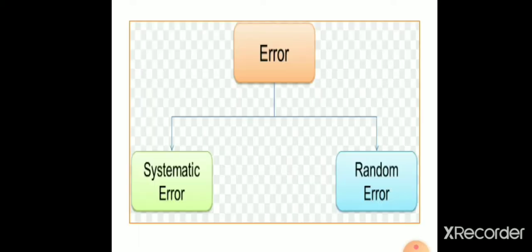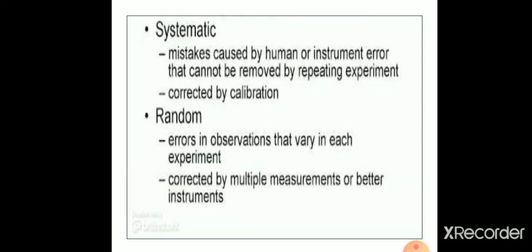Coming to the concept of errors. Errors can be categorized mainly into two: systematic errors and random errors. Systematic errors are errors caused by human or instrument error which cannot be removed by repeating the experiment.